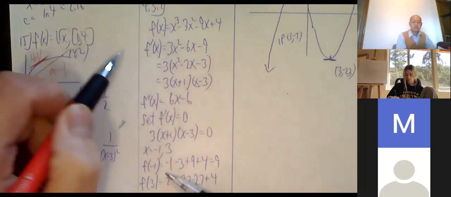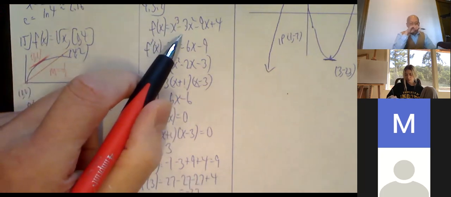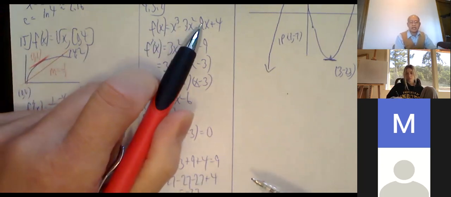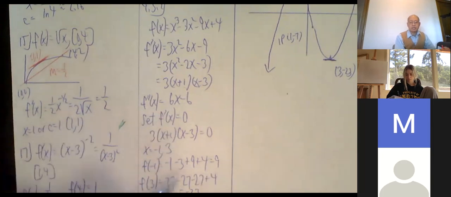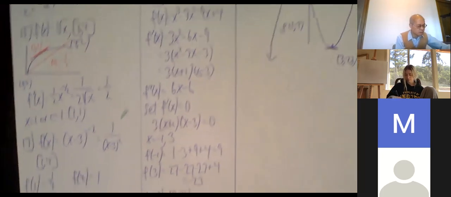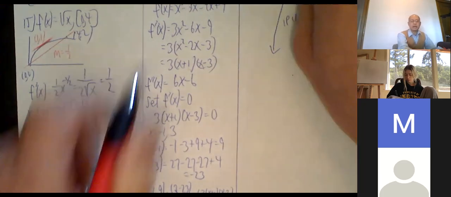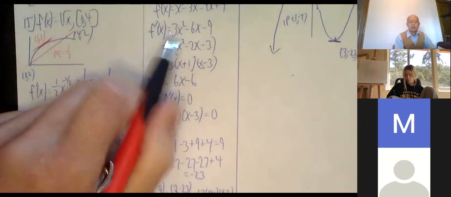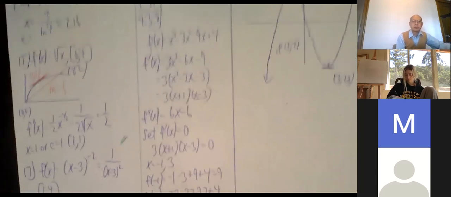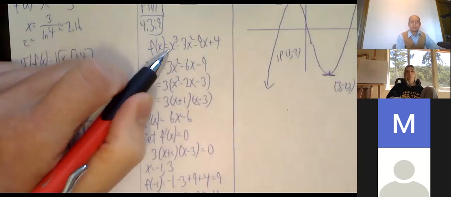Okay, so plug in -1. -1 cubed, -1, minus 3 times -1 squared, that's -3. Then -9 times -1 is 9, plus 4. If you work that all out, it's 9. So I have -1 comma 9. Plug in 3. 3 cubed, 27.